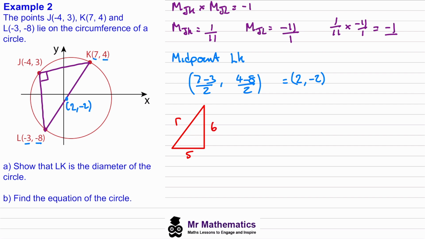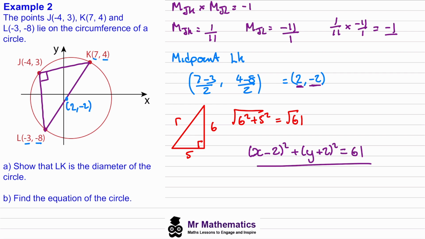So the radius, using Pythagoras' theorem, will be the square root of 6 squared plus 5 squared, or square root of 61. So finally, the equation of a circle will be x minus 2 squared plus y plus 2 squared, and this will equal the radius squared, 61. Okay?